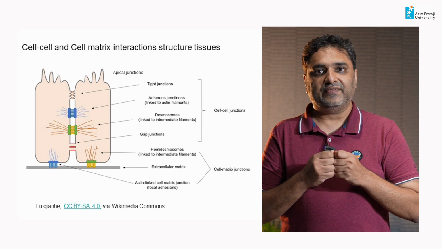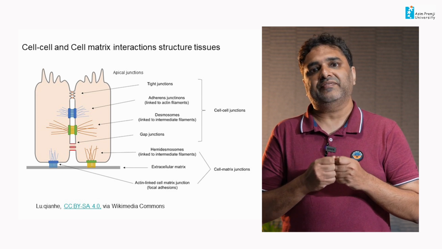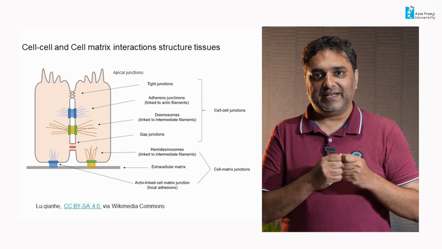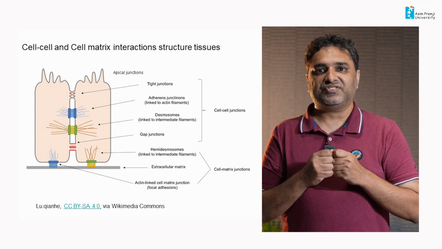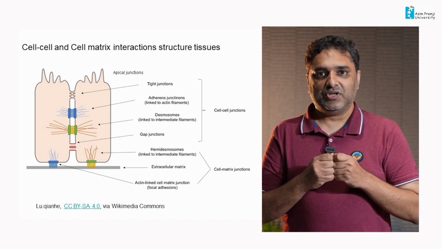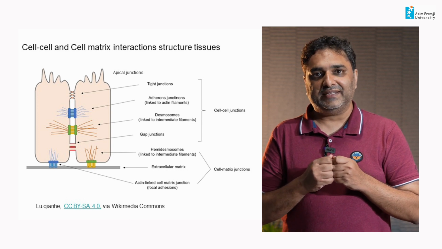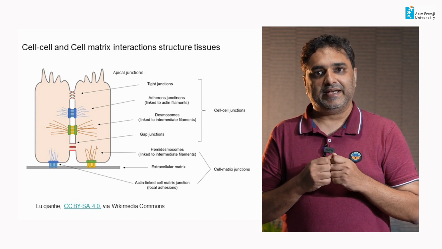In the middle, you have adherens junctions, and at the bottom near the sheets, you have gap junctions. The cells also connect with their underlying basement sheets, or what are called basement membranes, through structures called hemidesmosomes. So these structures allow the cells to come together in an organized fashion and build a tissue, build an organ.